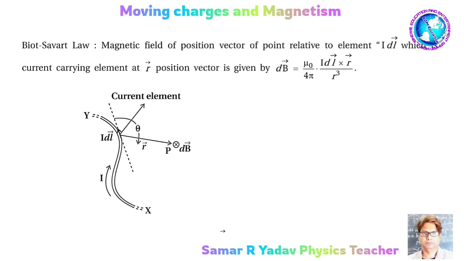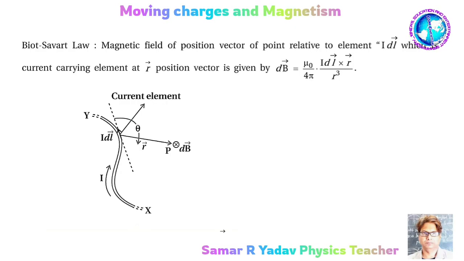Again, Biot-Savart law: the magnetic field at position vector r relative to the current-carrying element I dl vector is given by vector dB equal to mu0 upon 4 pi into I dl vector cross r vector upon r cube.